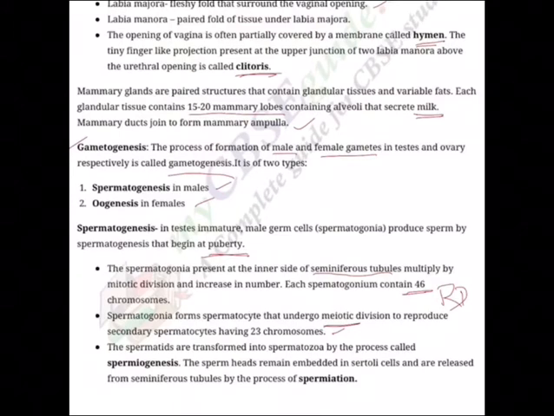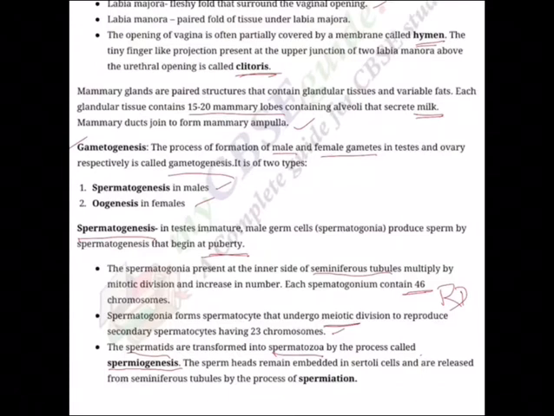The spermatids are transformed into spermatozoa by the process called spermiogenesis. Don't get confused between spermatogenesis and spermiogenesis. Spermatogenesis is the process of formation of sperms from testicular cells. Spermiogenesis is the transformation of spermatids into spermatozoa, meaning round, spherical structures get into the designed sperm shape.